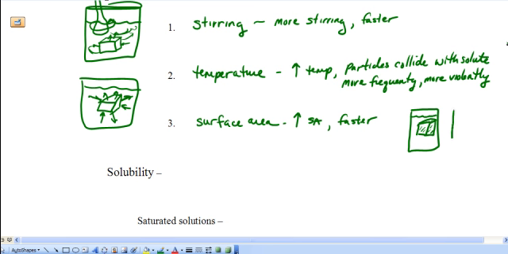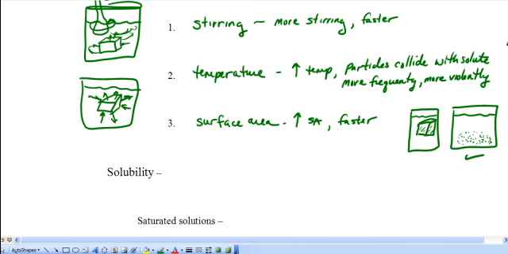However, if you grind that up into a fine powder, now the water molecules can get to a lot more of the particles. So if you grind this down to a fine powder, it's going to dissolve much, much quicker as the water molecules engage many more of the solute particles at one time. So this is what you want to have if you want to go faster in terms of dissolving something. Alright, so those are the three factors that affect how fast something is going to dissolve.